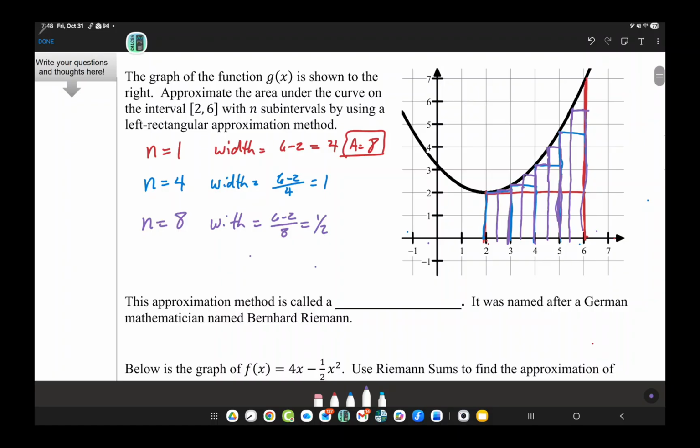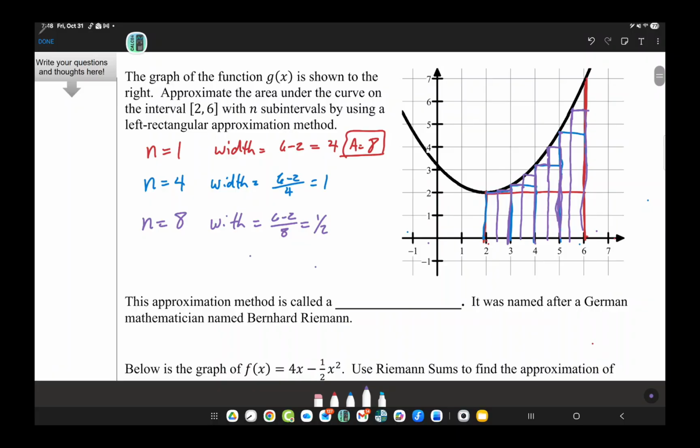So, does anybody think they have an idea of where this is leading to? Just curious. You don't have to answer. If I'm increasing the number of rectangles, how can I get the best approximation? An infinite number of rectangles.